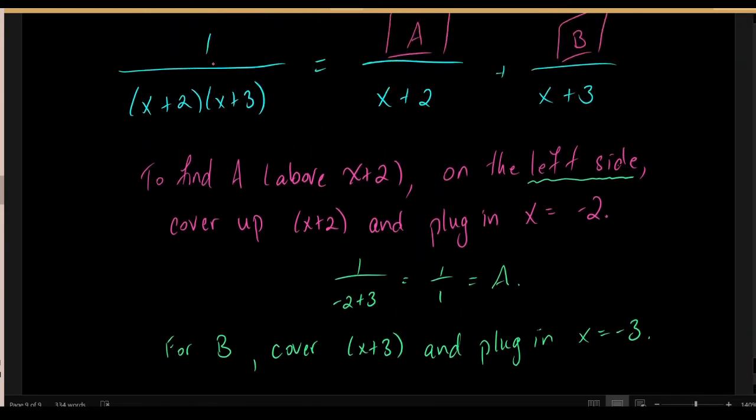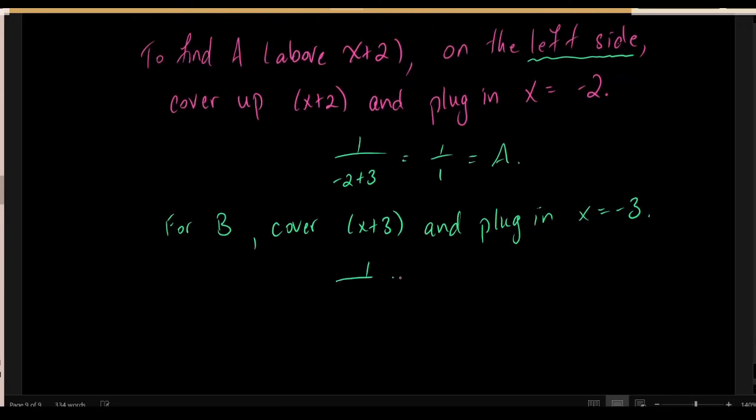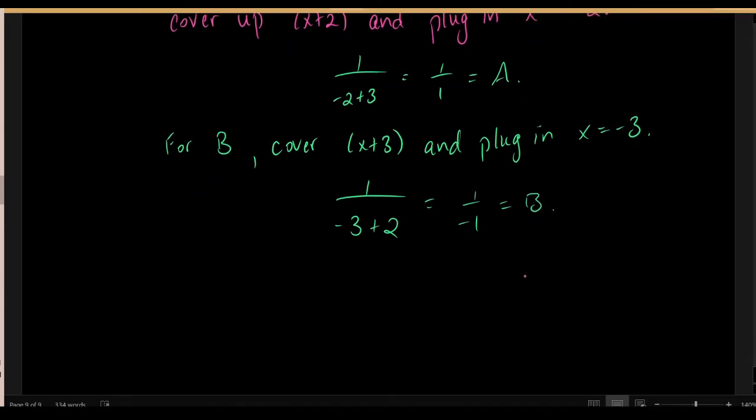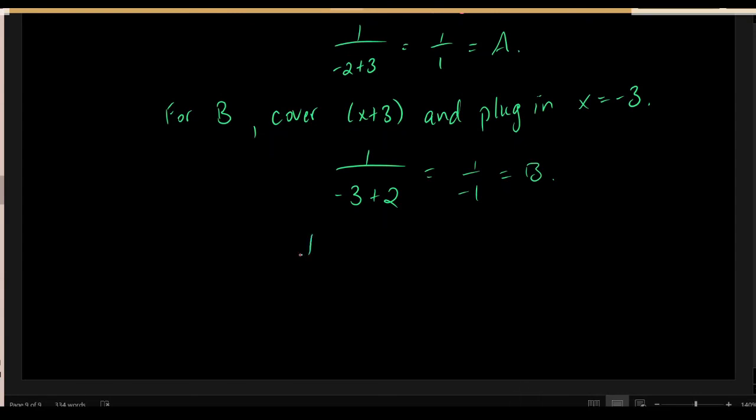So on the left side we have 1 over x equals -3 plugged into the x plus 2 that remains when x plus 3 is covered. That's equal to 1 over -1, and that's b. So what's the partial fraction decomposition? It's equal to +1 over x plus 2 plus -1 over x plus 3.